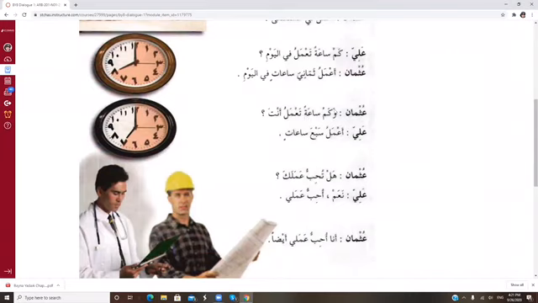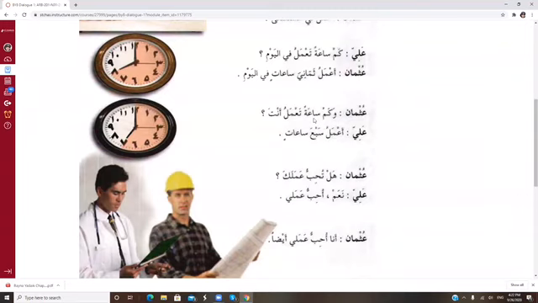If in fact kam is followed by a masculine noun, here it's a feminine noun because it ends in ta marbuta, but if it's followed by a masculine noun, we have to actually add an extra alif to that noun. Like if you wanted to say, how many pens are on the desk, you're going to say kam kalaman, kalam with an alif on the end with tanween fatha, ala al-maktab.